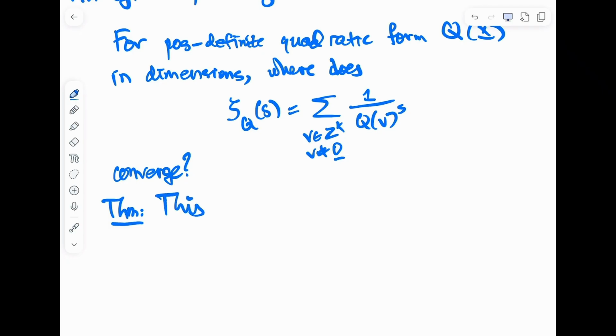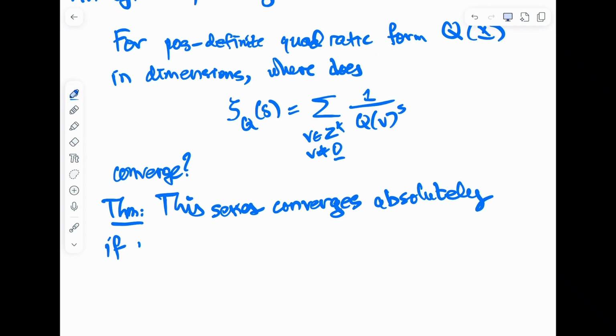So this series converges absolutely, which would justify manipulations, rearranging terms, and all that kind of stuff, exactly when the real part of s is bigger than k over 2, and not any smaller. So that's the half plane of convergence. It depends on the dimension k of the quadratic form.